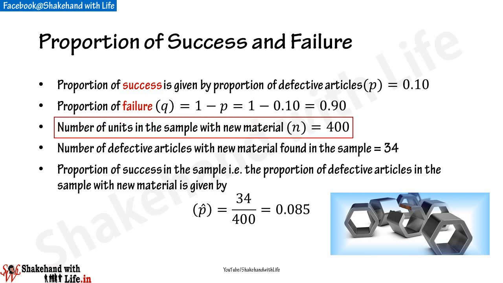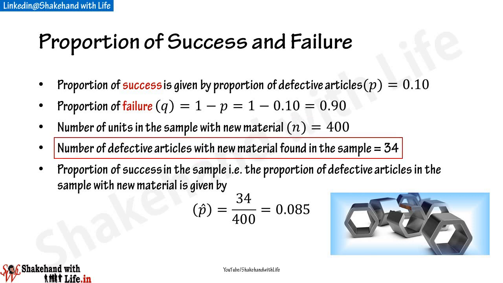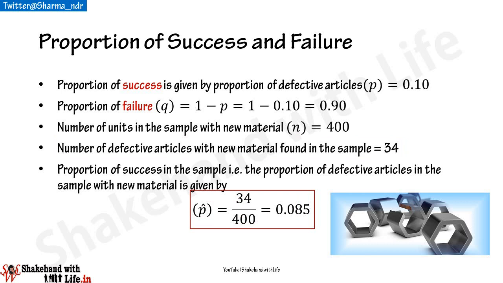Now the number of units in the sample with new material are given by n equal to 400. Number of defective articles with new material found in the sample equal to 34. Therefore, the proportion of success in the sample, that is the proportion of defective articles in the sample with new material, is given by P cap equal to 34 divided by 400. This will come out as 0.085.